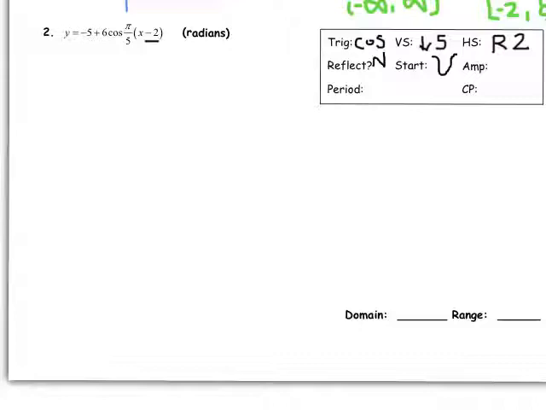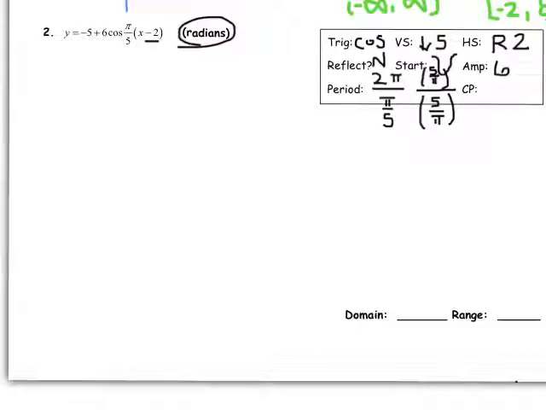My amplitude is 6. My period, I'm in radians, so take 2 pi and divide by that b value, which is pi over 5. Now I know y'all don't like pi, but it's really not that bad. So I need to get rid of pi over 5, so I'm going to do 5 over pi to get rid of it, but what I do on bottom, I must offset by doing it on the top as well.